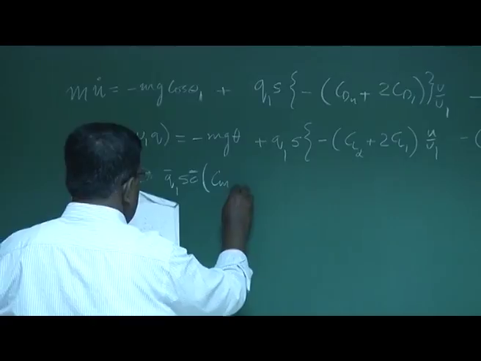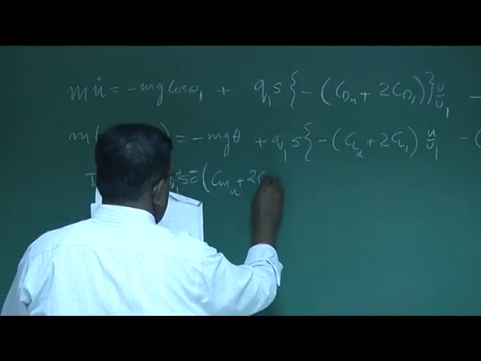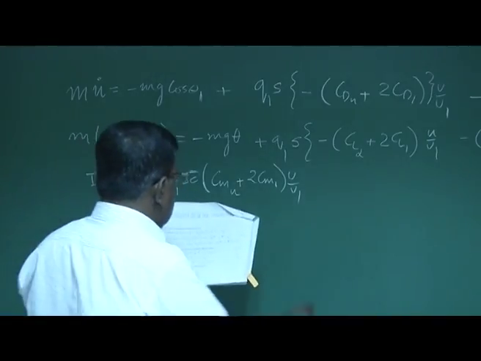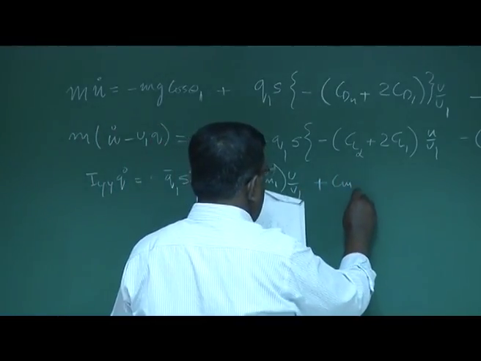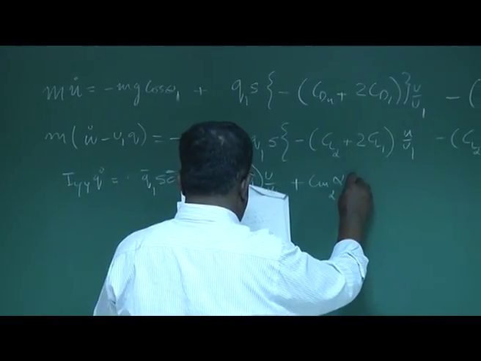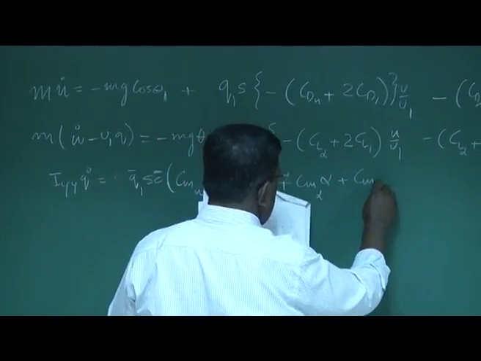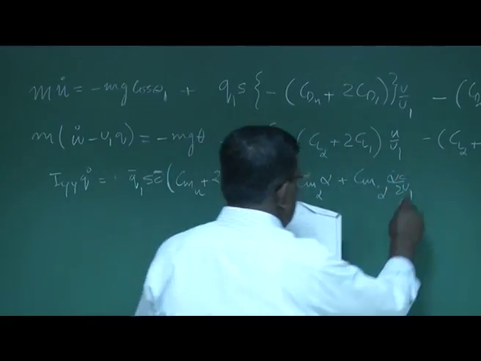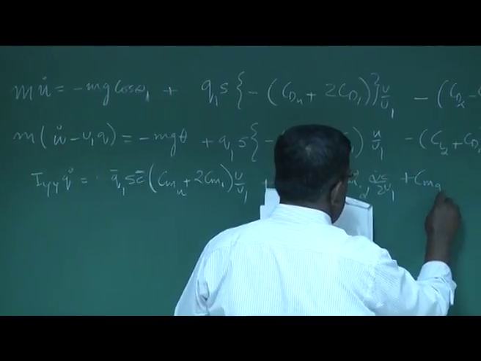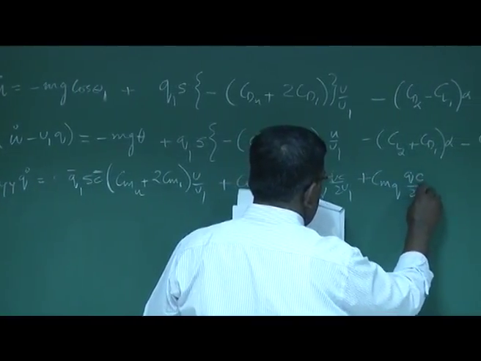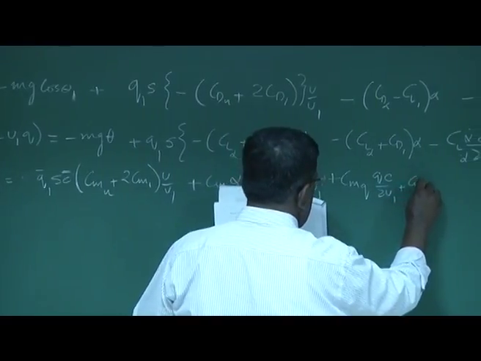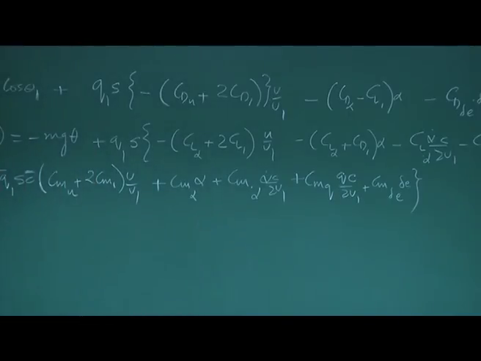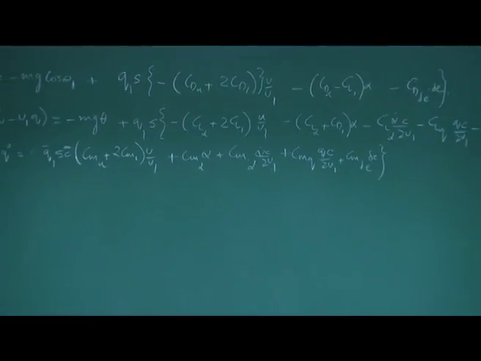Cm u, we realize Cm u is a very important derivative, especially for the supersonic case, and then plus Cm alpha into alpha plus Cm alpha dot into alpha dot c by 2u1, then Cmq into q c by 2u1 plus Cm delta E into delta E. Okay?